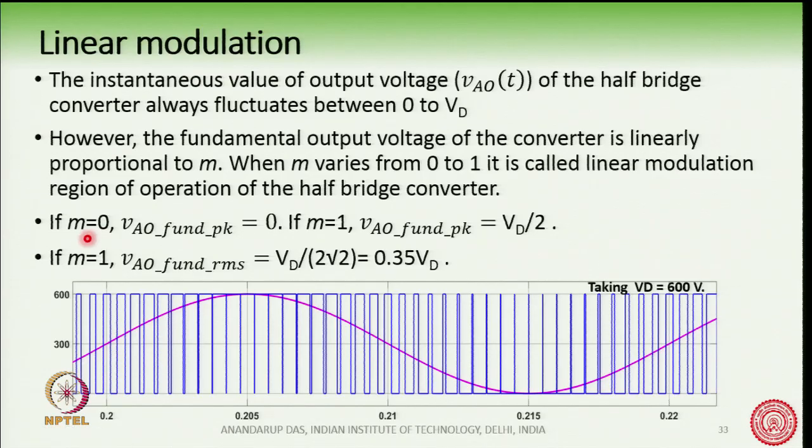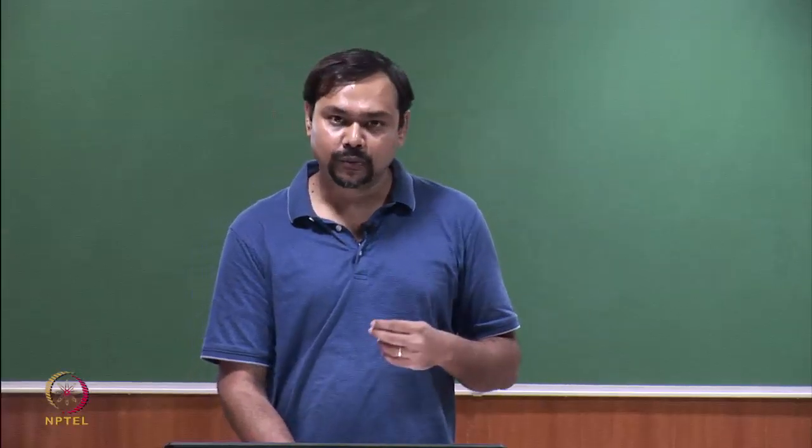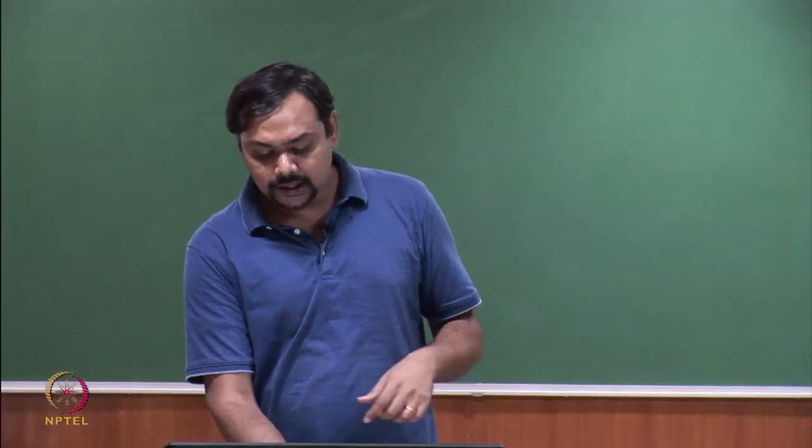Okay. So, if m is equal to 0, the peak of the fundamental voltage in VAO is equal to 0. If m is equal to 1, then the peak of the fundamental voltage in the pole is Vd by 2, because m equal to 1 and sin omega t equal to 1, that is omega t equal to 90 degrees, gives a VAO fundamental peak of Vd by 2.